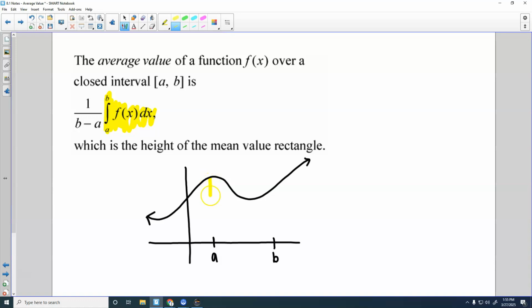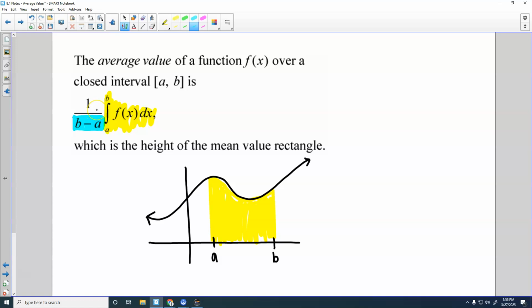So that would be this yellow area right here. So this area under the curve is being multiplied by 1 over b minus a.